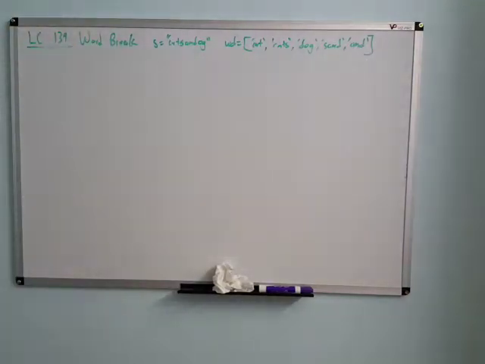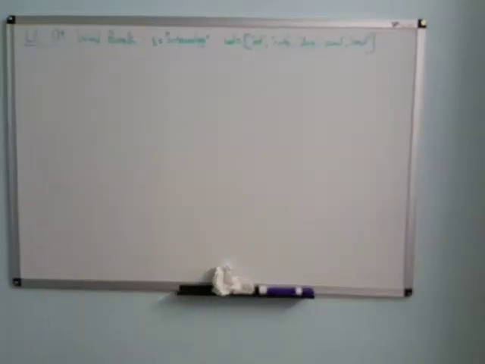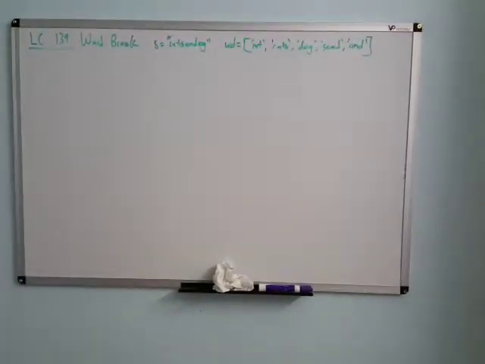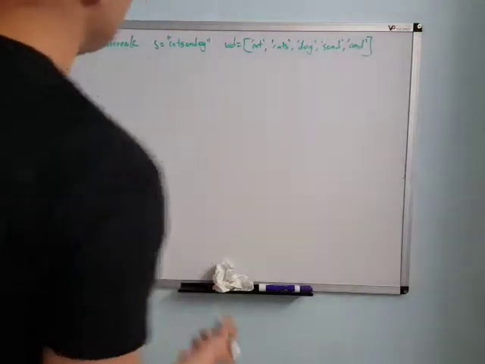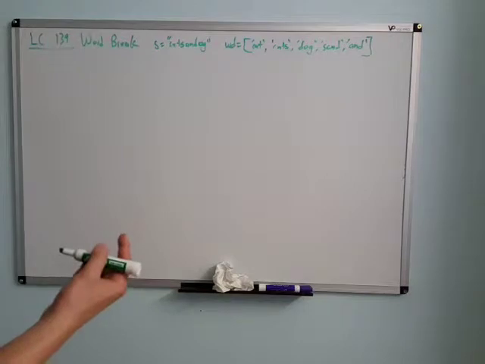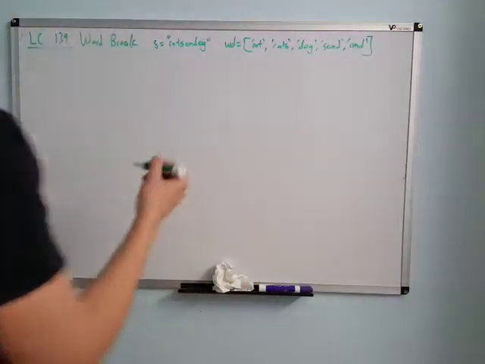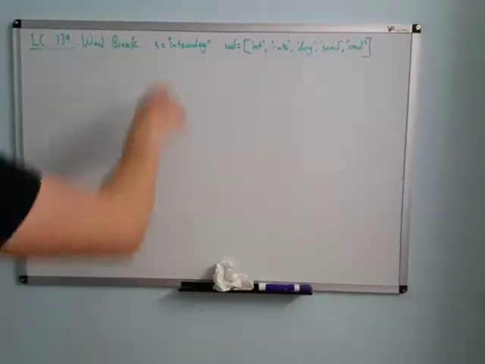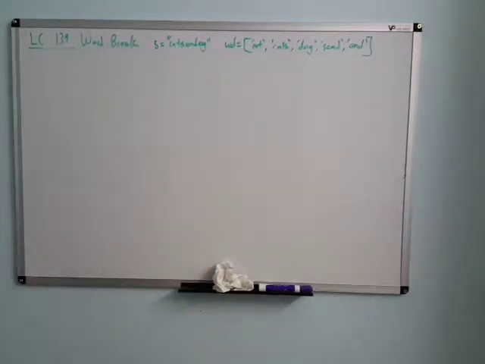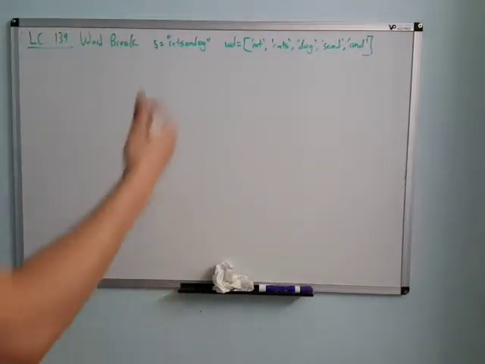So the idea here is you could potentially see it as a DP, dynamic programming problem, which is how our approach is going to be. The idea is to see where we can segment our string, see where the segmentation begins.